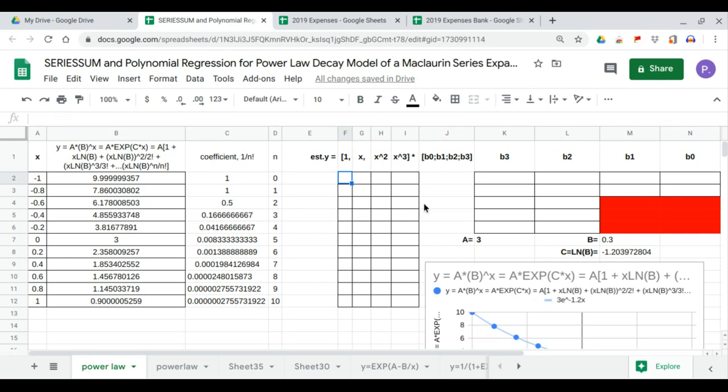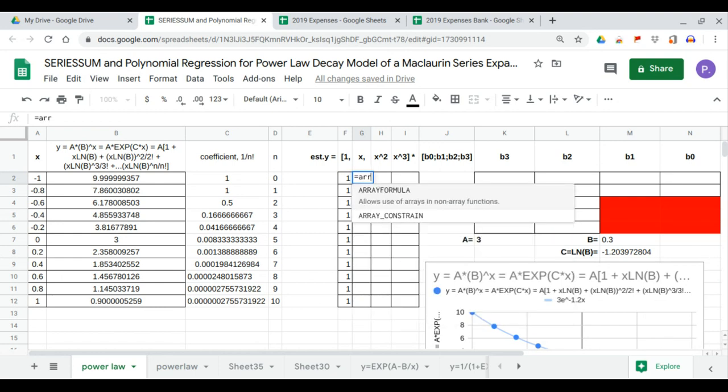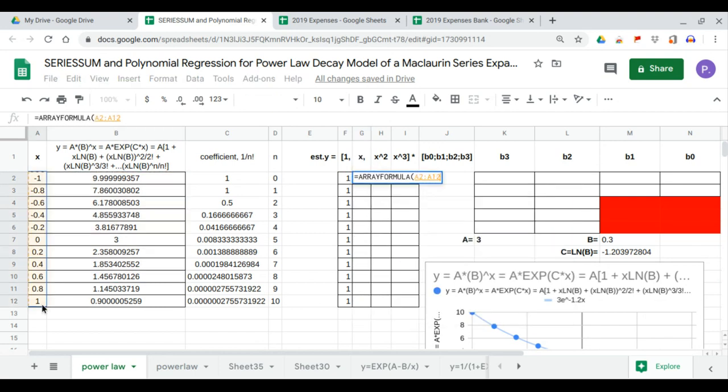So we start with the 1, x, which is a formula of these values raised to the power 0. And the x column will be a formula of the x values raised to the power 1. And the x squared column will be a formula of the x values squared. And the third one, the x cubed column, will be a formula of the x values cubed.